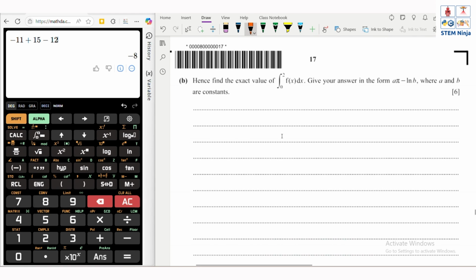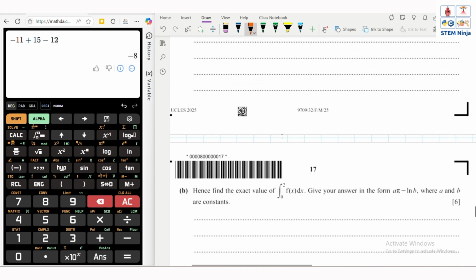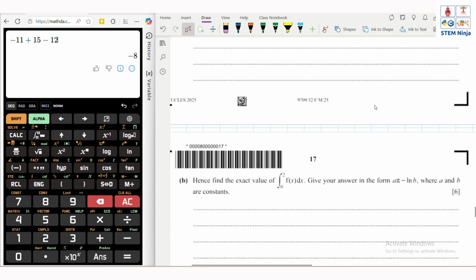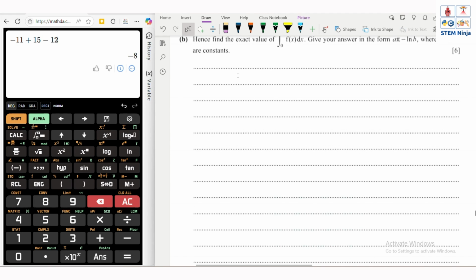Hence, find the exact value of the integral from 0 to 2 of f of x. Give your answer in the form a pi minus ln b. All right. So that means we are integrating these things.